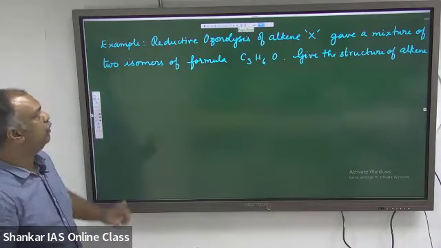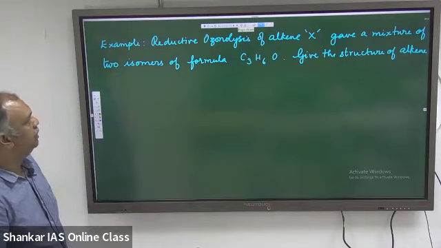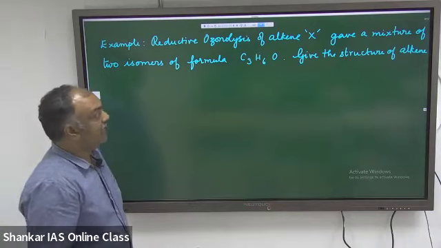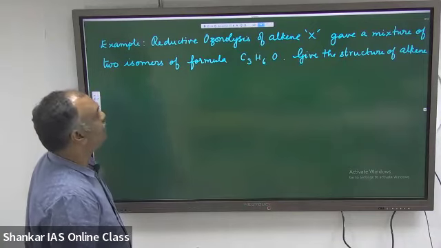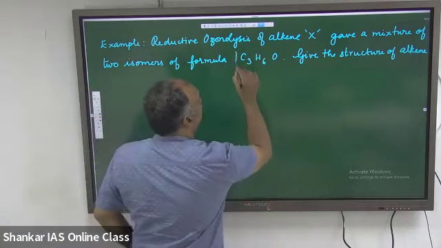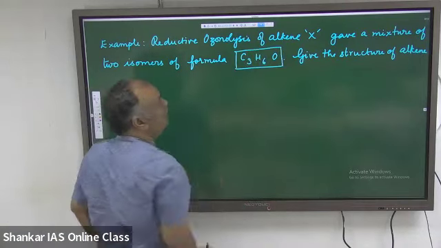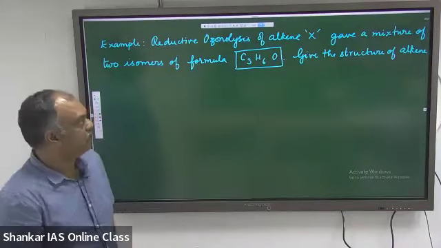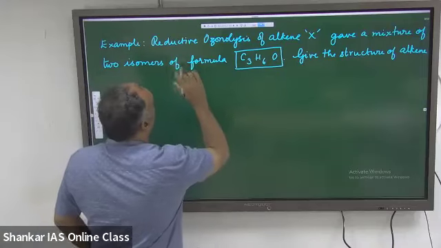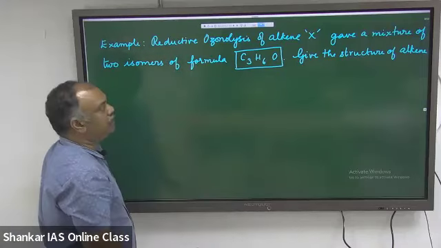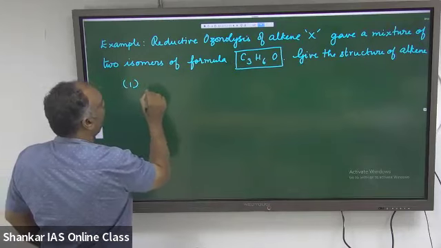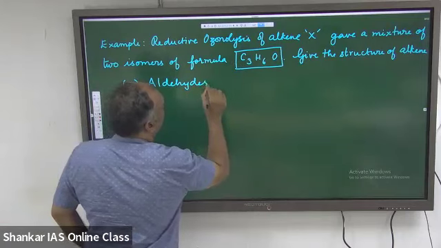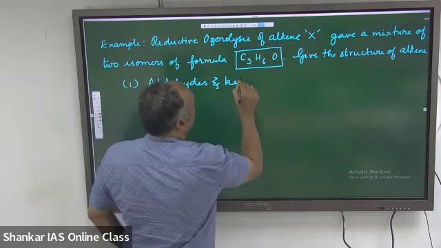I'll show you one more example. The example reads: reductive ozonolysis of alkene X gave a mixture of two isomers of formula C3H6O. Give the structures of the alkene. We all know that on reductive ozonolysis, the products can be only aldehydes and ketones.